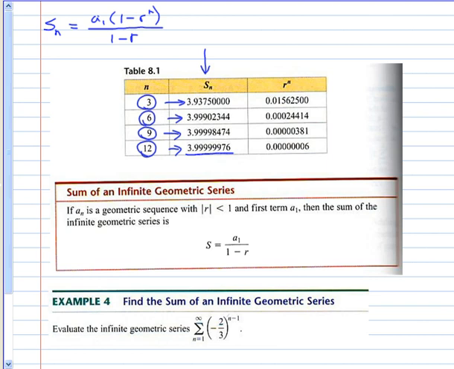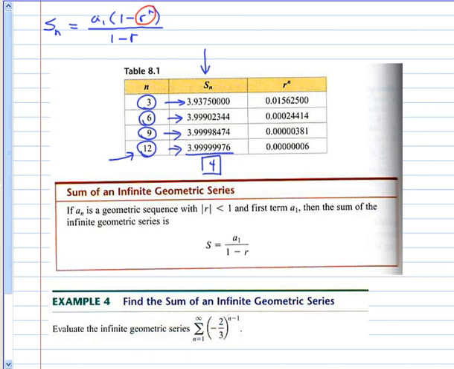In fact, if you were going to round this last number off, you would probably guess that it's getting closer and closer to this number, 4. So let's see why we get closer and closer to a number as I do more and more terms. Well, the key to it all is right here, that r to the nth power.